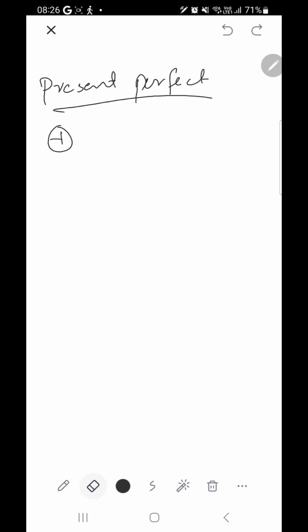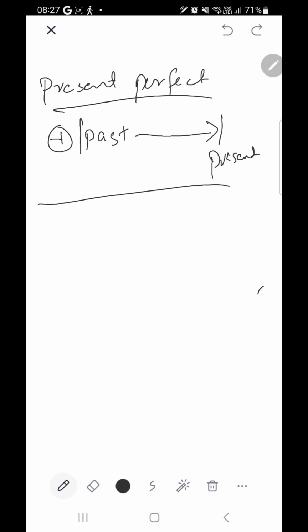Let's say there is an event that started in the past, let's say, and it continues till present. We can use the present tense in perfect form. Let's say we can say that Mr. XYZ in today's visit, condition has improved.